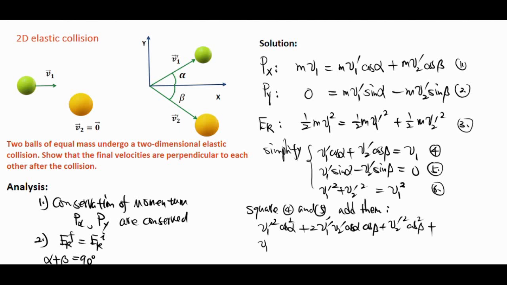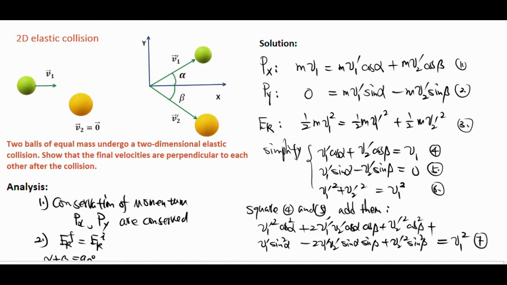So it is v1 prime sin alpha square, plus, it should be minus 2 times v1 prime v2 prime sin alpha sin beta, plus v2 prime square sin beta square. This is the left side. The right side will be v1 square plus 0 square. It's just v1 square. Let's call it equation 7.